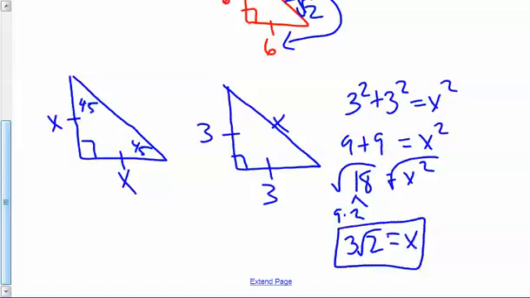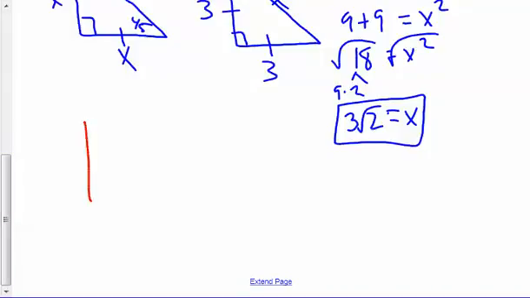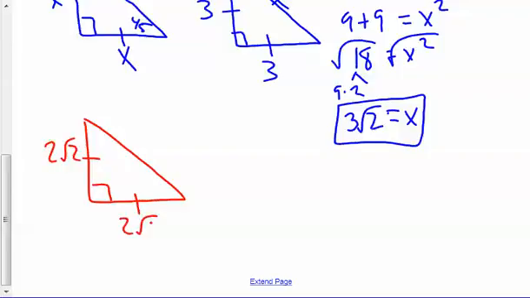So with that being said, let's look at a slightly more difficult problem. What if my triangle had the sides 2 root 2 and 2 root 2? So what would I do if that was x? Well, I'd say 2 root 2 squared plus 2 root 2 squared equals x squared.